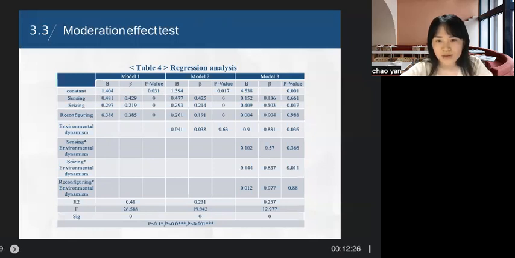It can be seen that environmental dynamism has no moderating effect on sensing, reconfiguring ability, and enterprise growth performance. However, environmental dynamism has a moderating impact on seizing ability and enterprise growth performance.